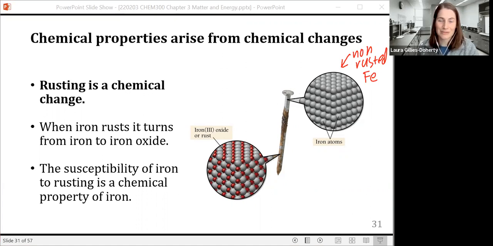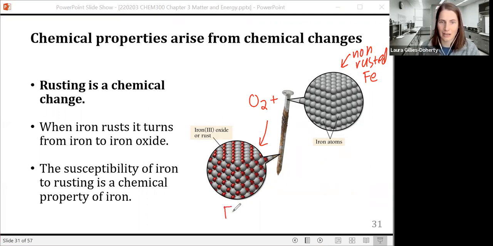When iron is exposed to oxygen, which is contained in the air, over time, the iron and the oxygen are going to react to make iron oxide. And iron oxide is what we call rust. So there's a chemical change happening.